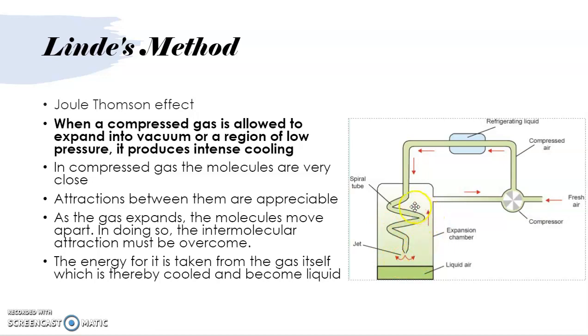The gas which is liquefied condenses and settles down at the bottom of this vessel, and the gas which is not cooled sufficiently to liquefy returns back to the compressor. Such cycles will eventually liquefy the gas. So this is Linde's method for liquefaction.